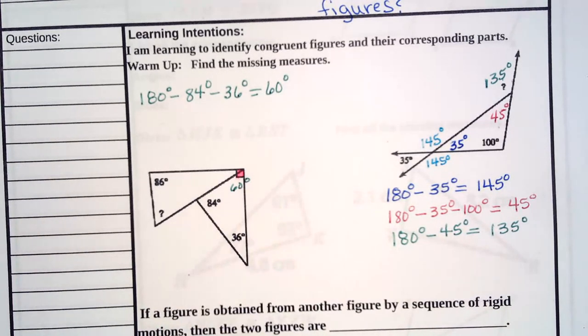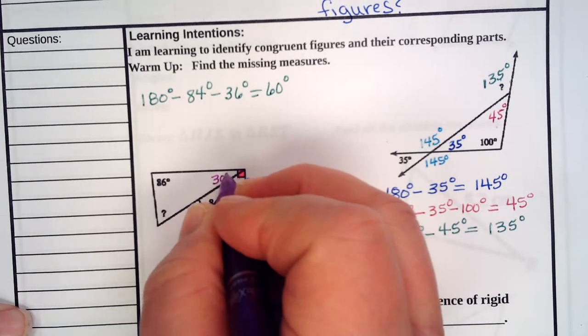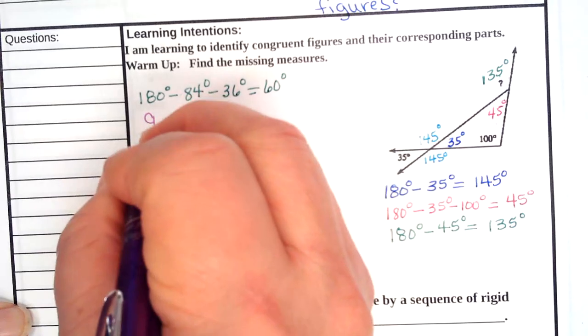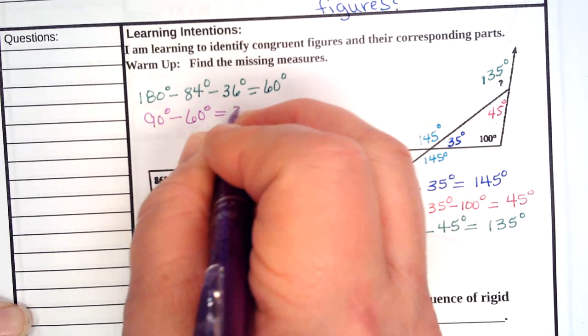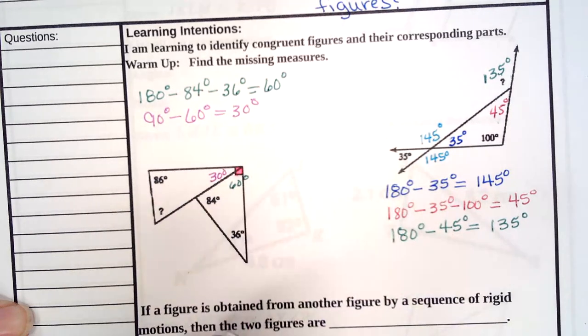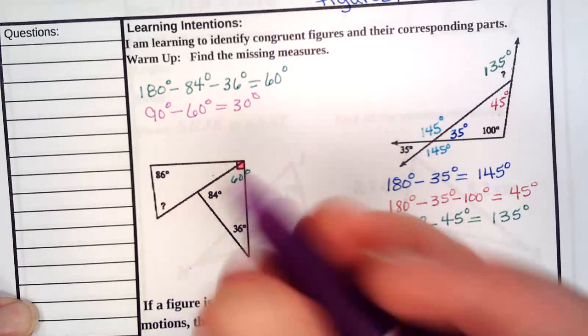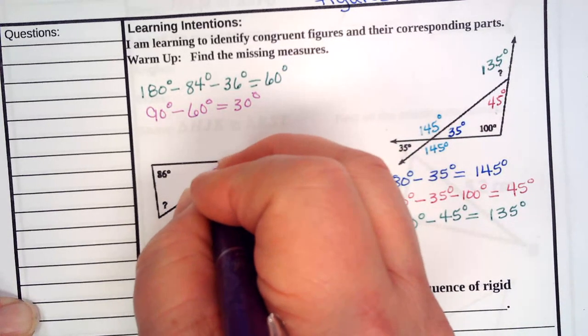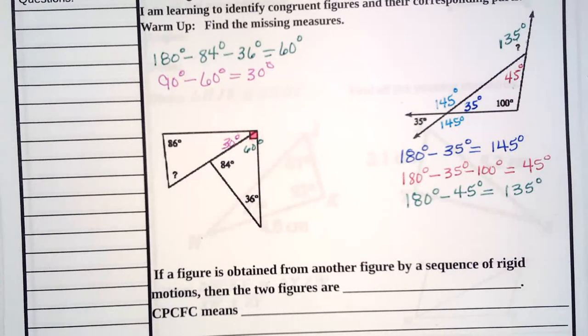Now, very quickly, if this is 90, this one's 60, I know this one is 30 degrees, because 90 degrees minus 60 degrees is equal to 30 degrees. And I did not do the degree sign very well on that one, so we will fix it. Okay, now for the last one, what do I do? Well, you're using the triangle sum theorem.